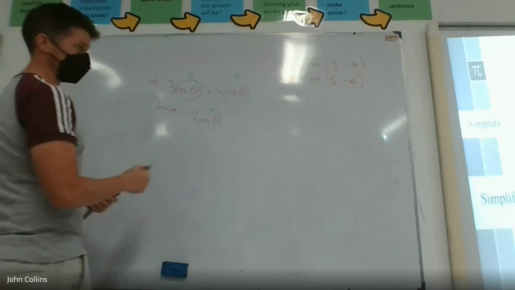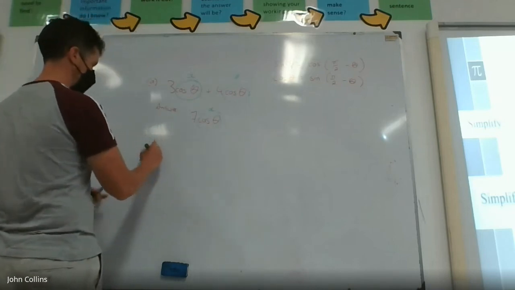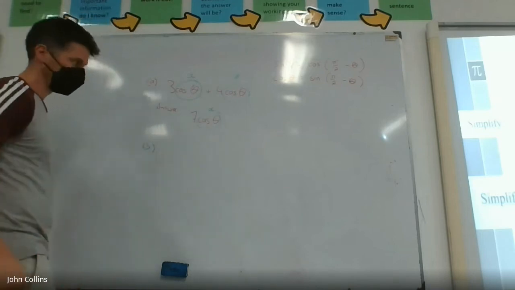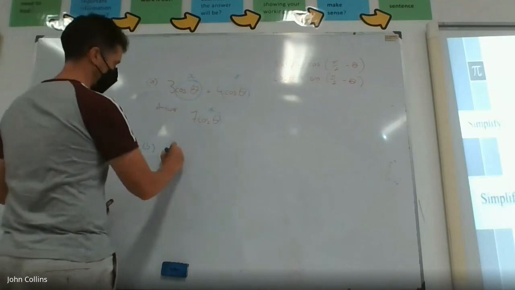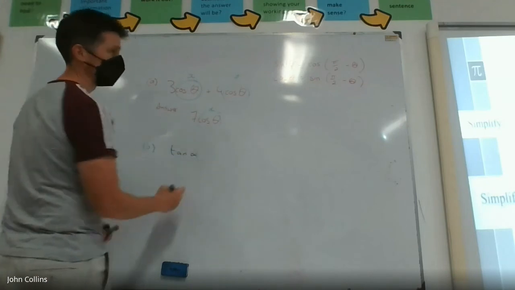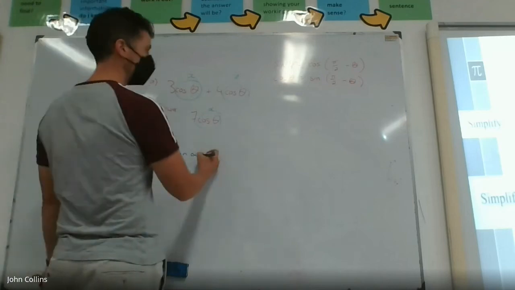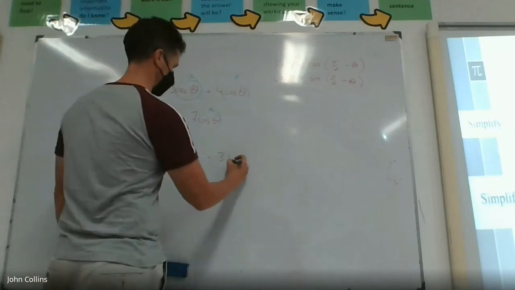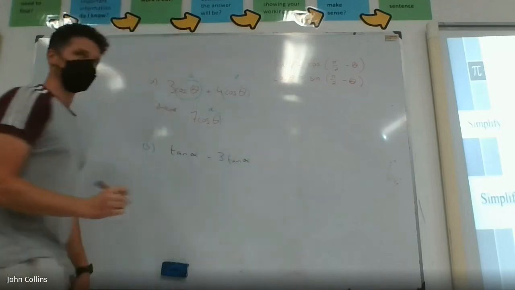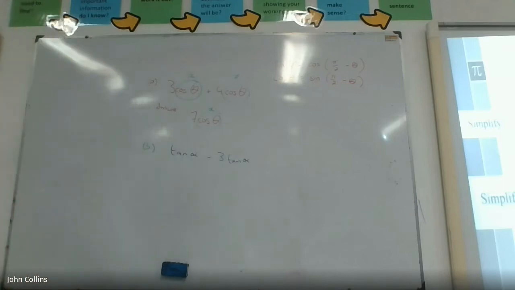So that leads us to the second question that's on screen. Is it okay to do tan alpha? And you'll start seeing these alternate symbols for angles, alpha and beta, a lot from now.